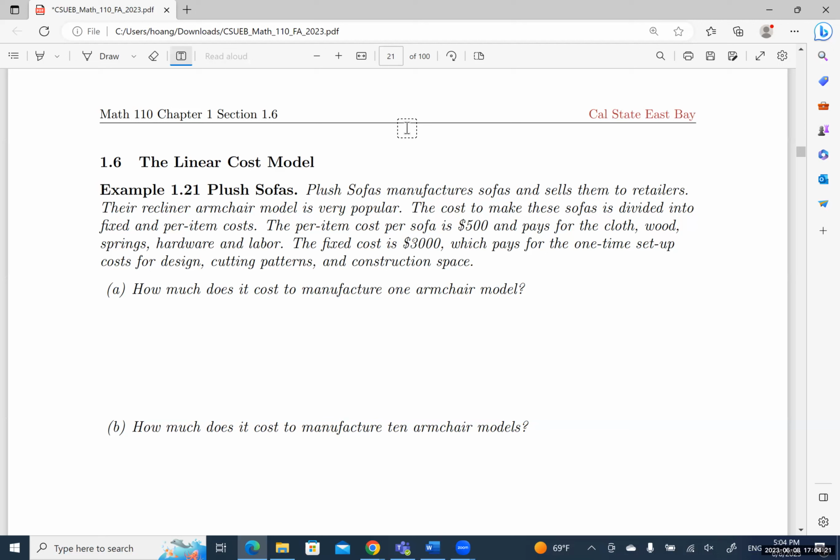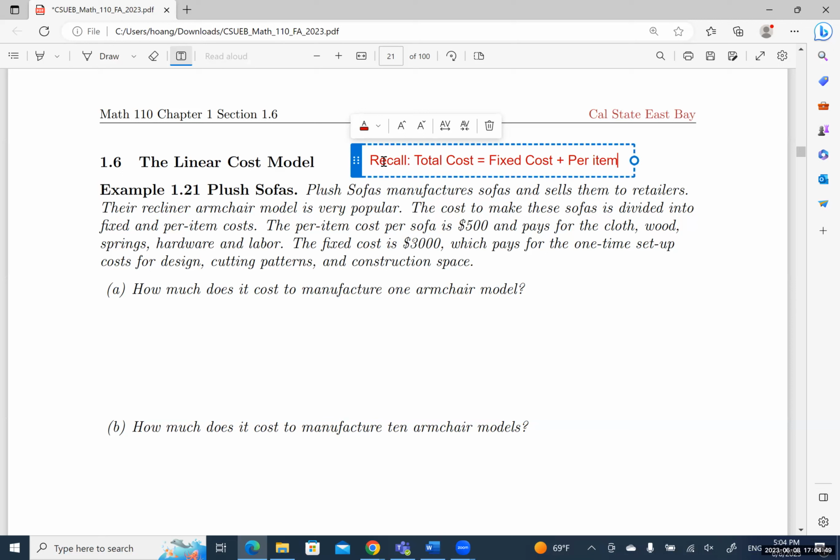So recall that the total cost in the business will be equal to fixed cost adding with per item cost, and then per item cost must multiply by X, right? Okay.